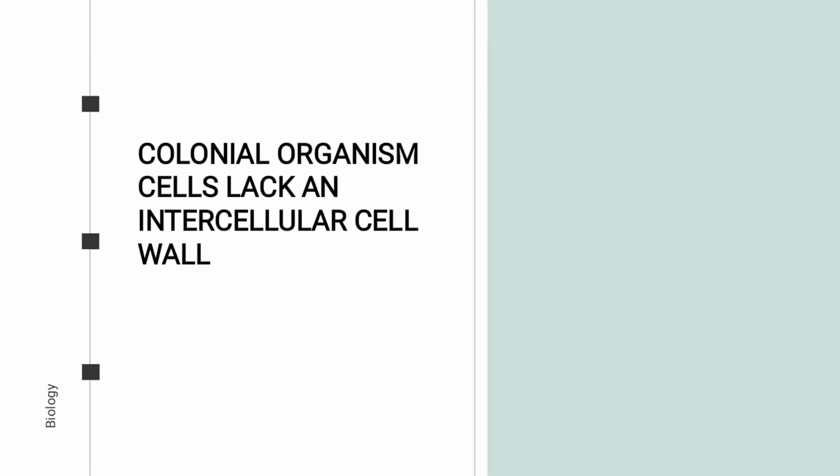And we also have that colonial organisms have cells that lack intercellular cell wall. That is, within the cell, inside the volvox, they do not have intercellular cell wall. Altogether, so they lack intercellular cell wall.